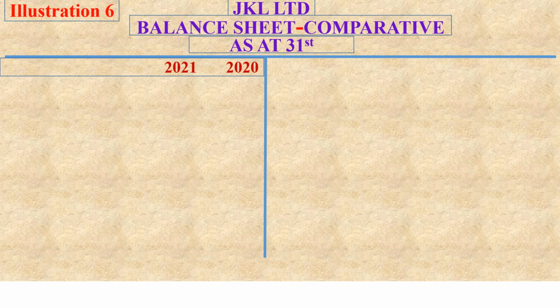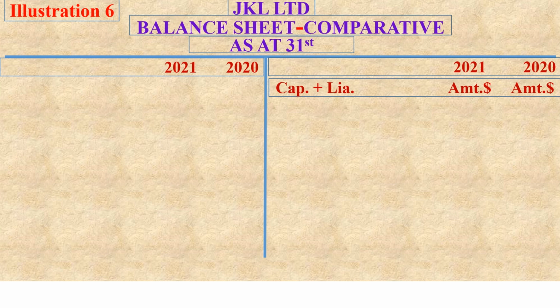That is 2020, which is assumed to be our base year, and 2021 to be our year of comparison. So you normally indicate those 2 columns on the left hand side of the balance sheet, and also the same is replicated on the right hand side of the balance sheet. So there we go. The rest of the recording is done normally.